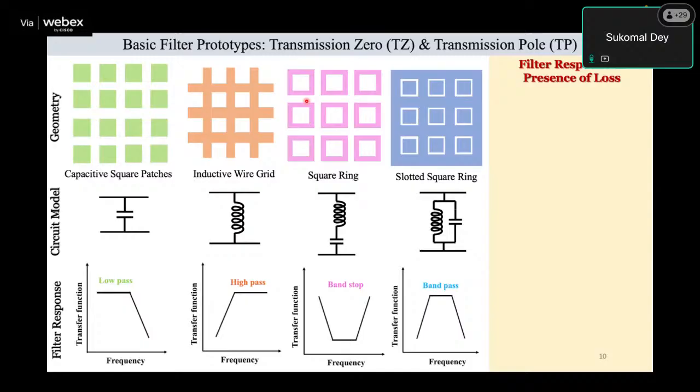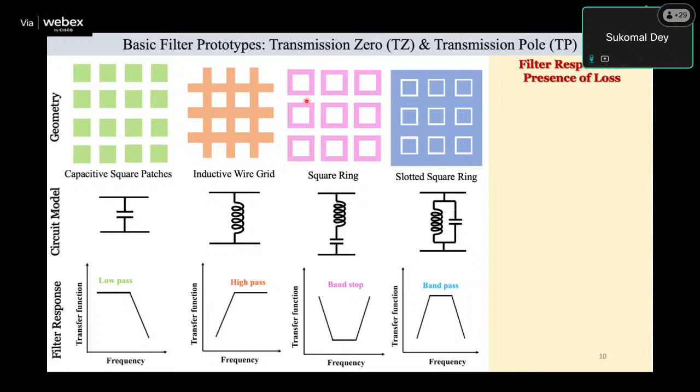But when you are looking for a sharp peak, what is important is the quality factor. And the quality factor is a function of loss. From the definition, the quality factor is 2 pi times the energy stored divided by the energy lost per unit cycle.